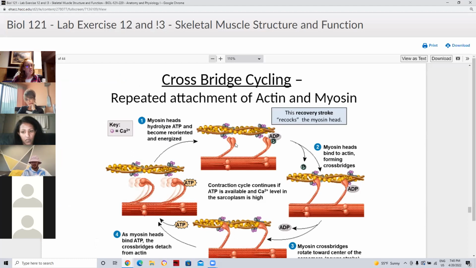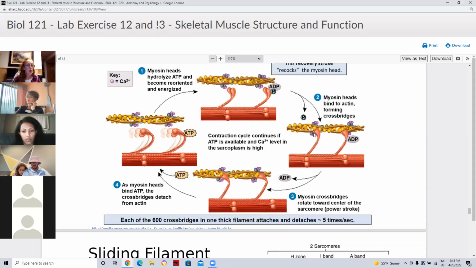This puts the head into a configuration where it can then bind to the actin. It binds to the actin, and then it releases the ADP, the adenosine diphosphate, after the hydrolysis of ATP.